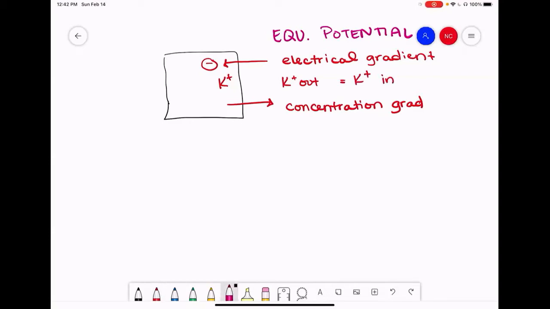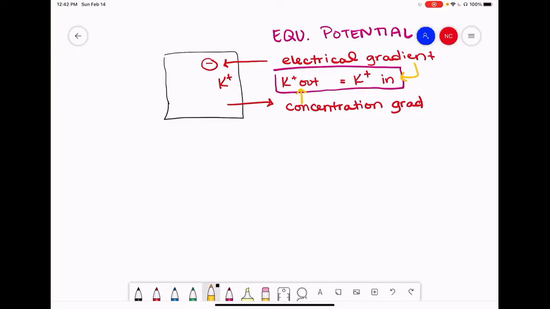Our equilibrium potential is the balance between these two things. We've got the concentration gradient that's pushing potassium outside of the cell, and we have the electrical gradient that's pulling potassium back into the cell. So finding the balance between concentration gradient and electrical gradient is what creates this equilibrium potential, or defines potassium's resting state, which is a high concentration on the inside of the cell.